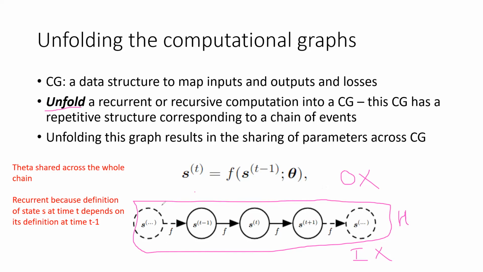The time is increasing in this direction. And this is an actual edge which is being connected across the different timestamps. So I am providing the input at each timestamp. That's essential. There is no neuron in which I don't provide the input.